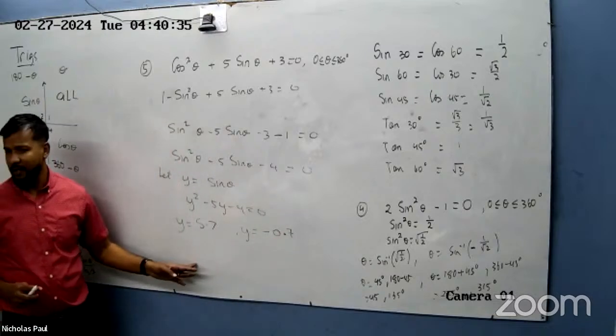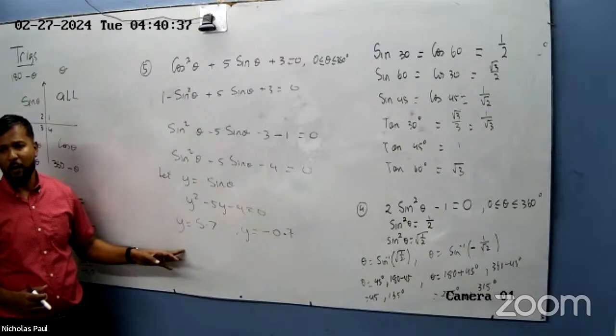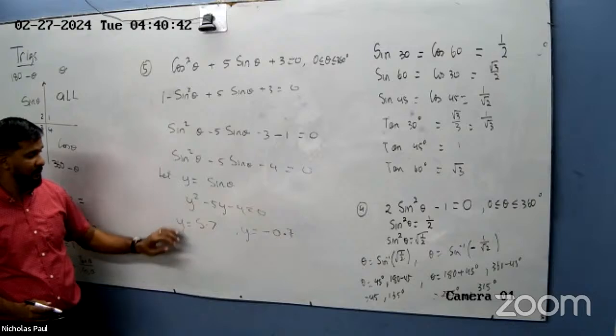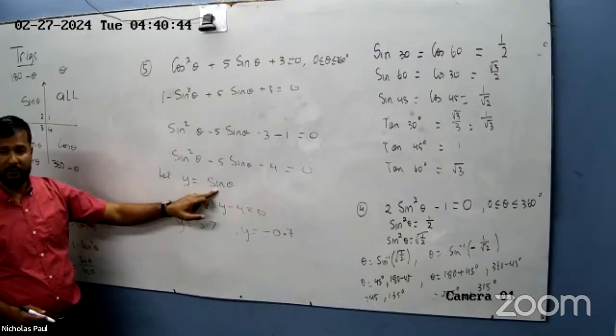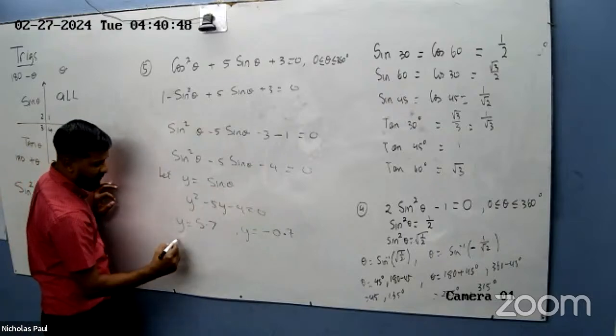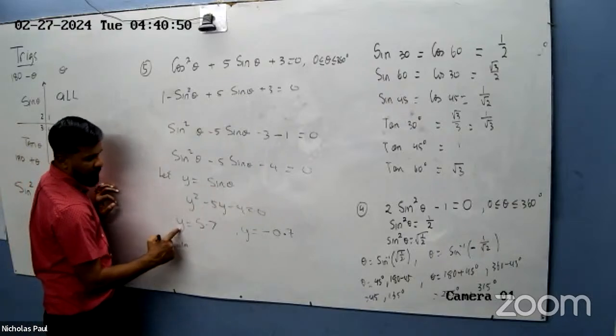Am I done here? Ishana, what do I do next? Take off y. Remember you're solving for theta. So take off y, y is sine theta. Take off y and put sine theta.